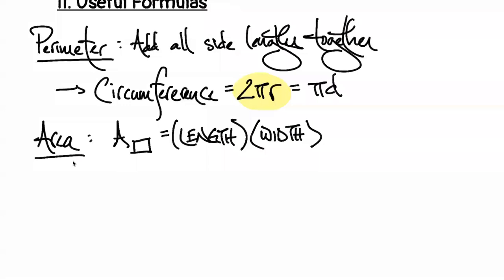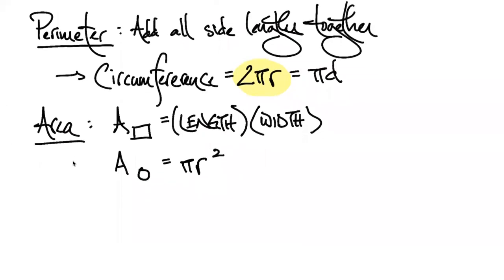That's okay too. All right. So let's see, area of a rectangle. How about area of a circle? Pi r squared. Yeah, we're gonna have pi r squared, okay?